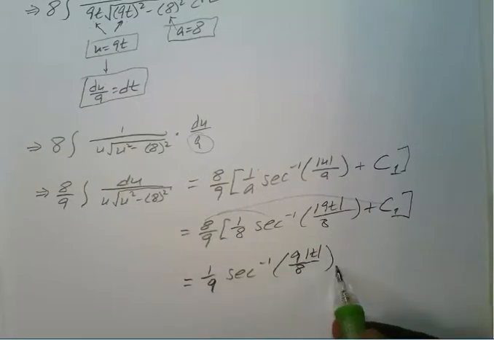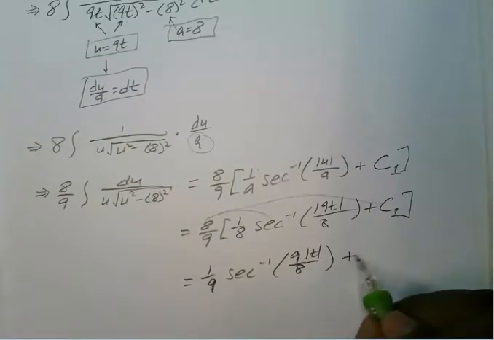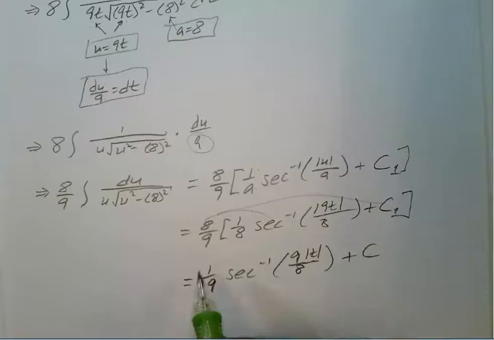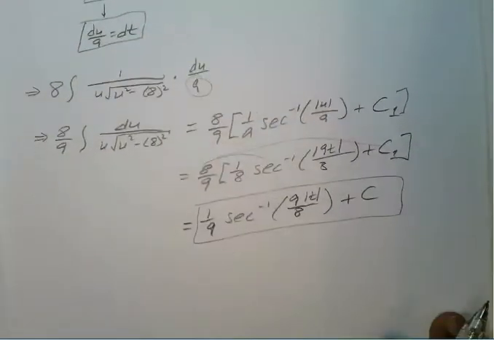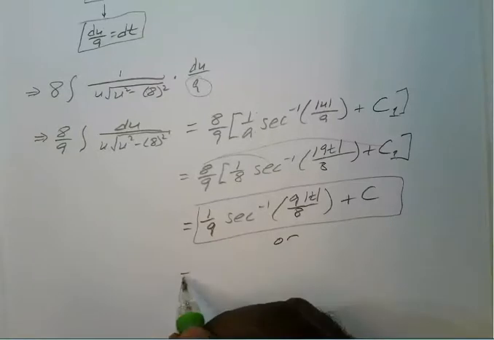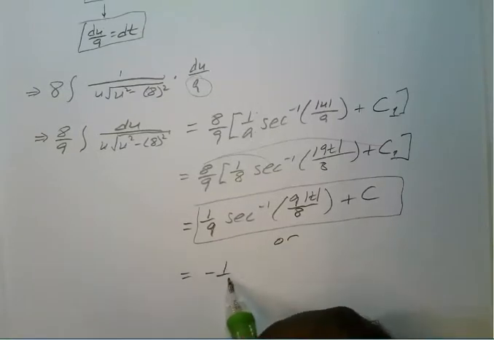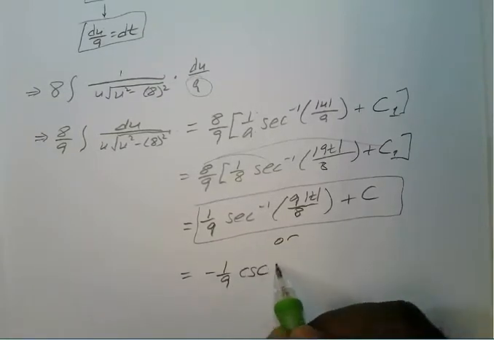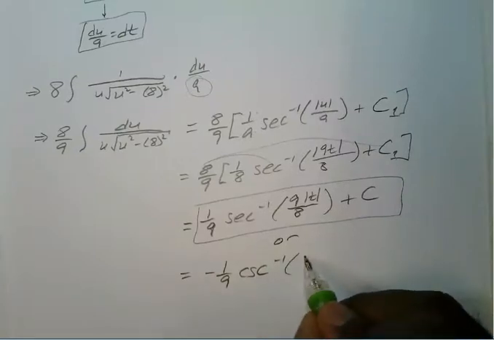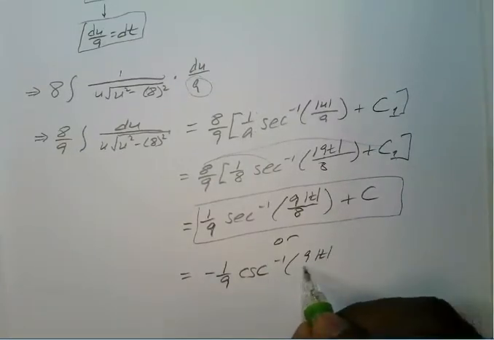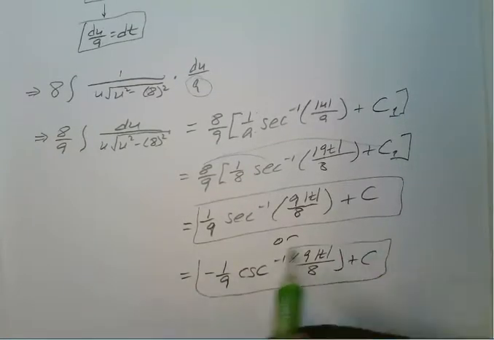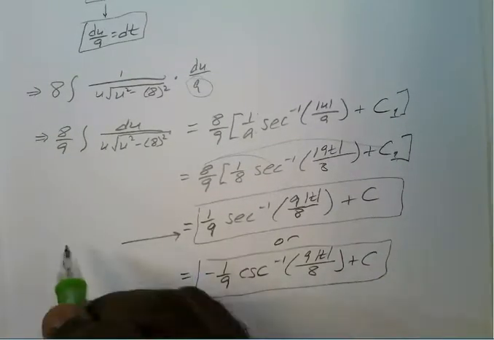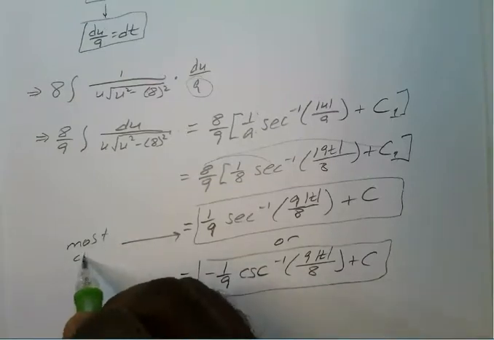You can put the absolute value of t on the side if you want to, completely up to you, plus c. Okay, or you can change the signs, make it negative 1 over 9 cosecant inverse of 9 absolute value of t over 8 plus c. But of course, this one is the most common.